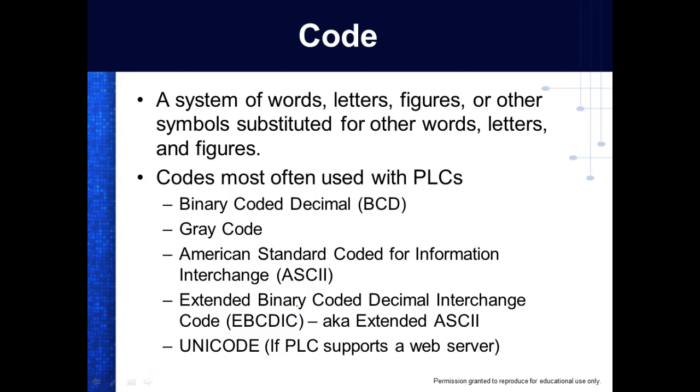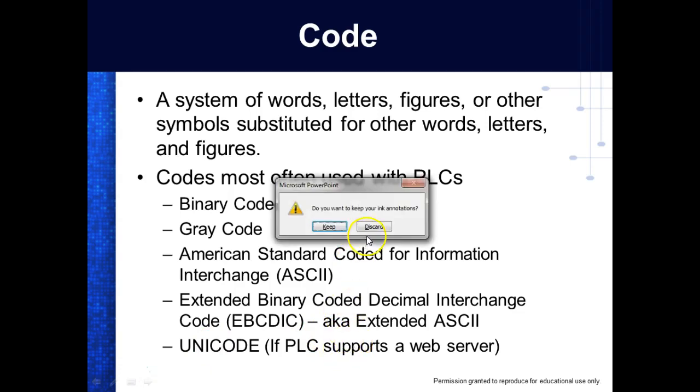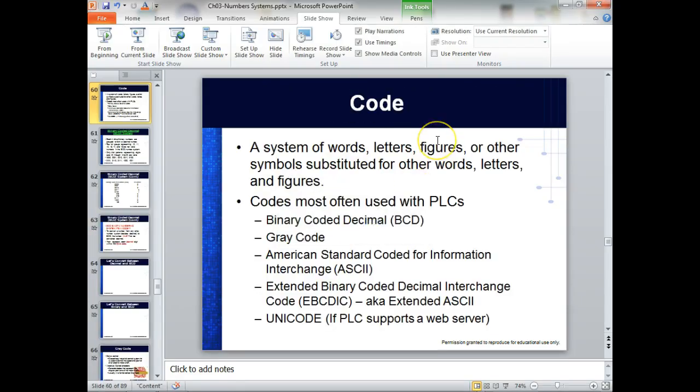So a code is when we're using a binary pattern. When I tap on a key, what my computer does is send a code, and then the program that's processing that information knows that code represents a certain key, right?